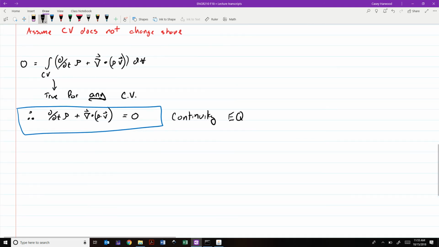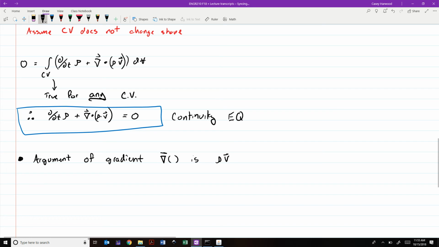Now, there are a couple of other steps we have to take here. What I missed previously and what I want to focus on right now is the fact that the argument of the gradient operator is the quantity rho v.